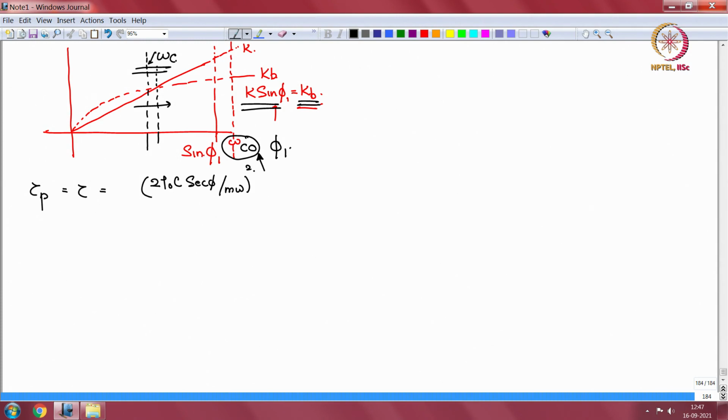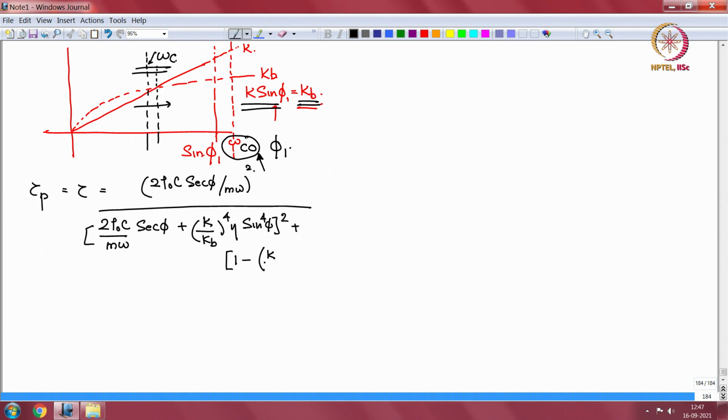Now my tau p is given by this, divided by twice rho 0 c by m omega sec phi, plus k over kb whole to the power 4, eta sin 4 phi, whole squared, plus 1 minus k by kb whole to the power 4 sin 4 phi, squared.